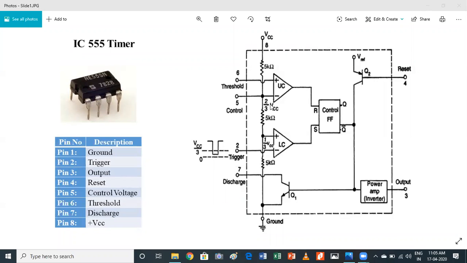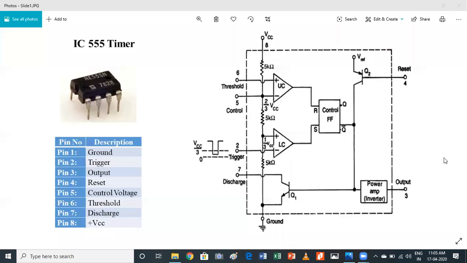So this acts as a reference voltage for each comparator. The 2/3 VCC is the reference voltage of the upper comparator, and 1/3 VCC connected with the non-inverting terminal is the reference voltage of the lower comparator.